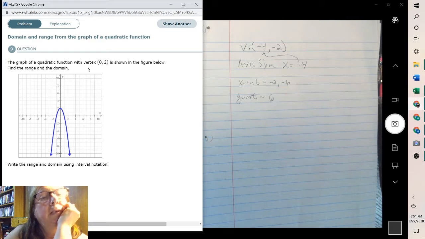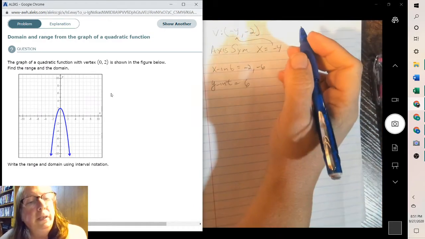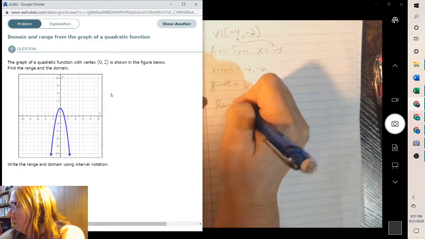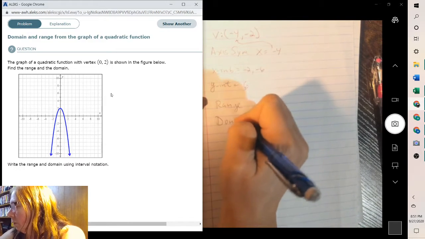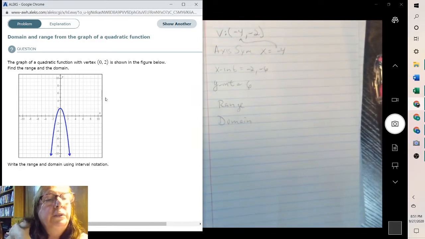The graph of the quadratic function with vertex 0, 2 is shown in the figure below. Range and domain in interval notation. So they said range first, so we'll do range.